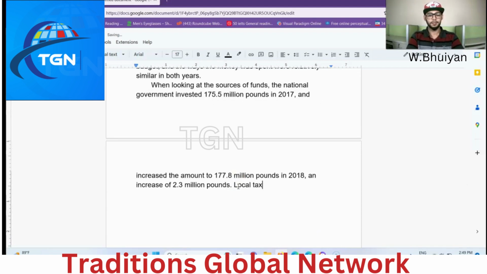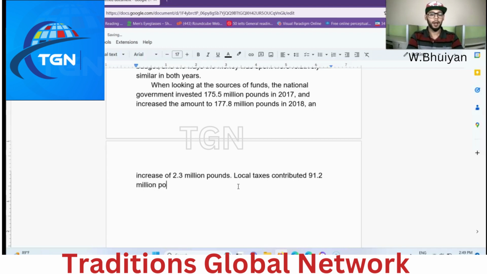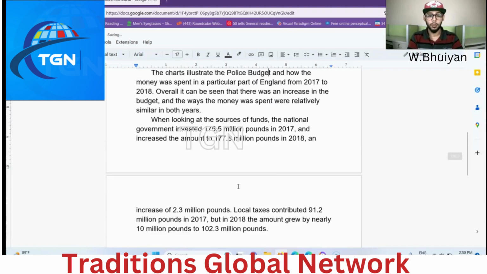Local taxes contributed 91.2 million pounds in 2017, but in 2018 the amount grew by nearly 10 million pounds to 102.3 million pounds. Done. Now let's look at what we've got left.